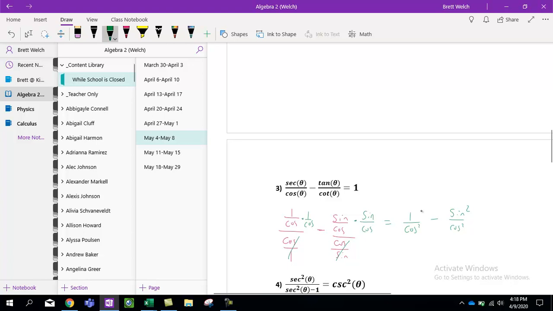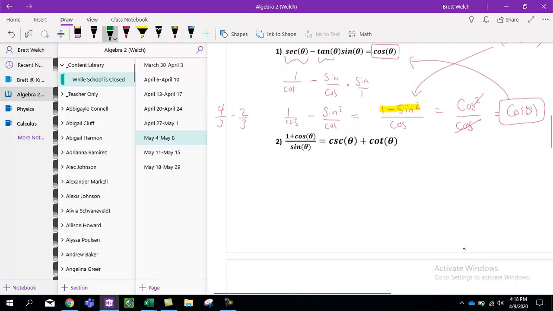to the same place. But 1 over cosine squared, well, 1 over cosine is secant. 1 over cosine squared would be secant squared, minus sine over cosine is tangent. So sine squared over cosine squared would be tangent squared. Now that looks like a Pythagorean problem.